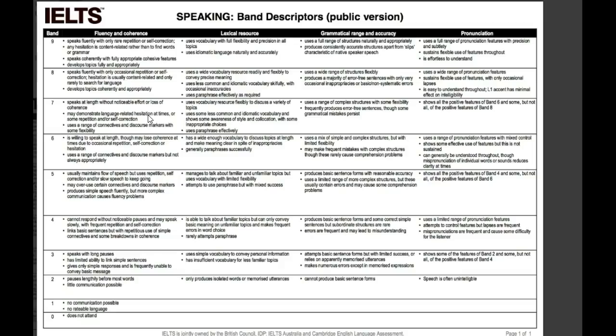So let's start actually looking at the 9. From what my examiner friends tell me, the 9 is more or less the kind of speech you would expect from a native speaker.